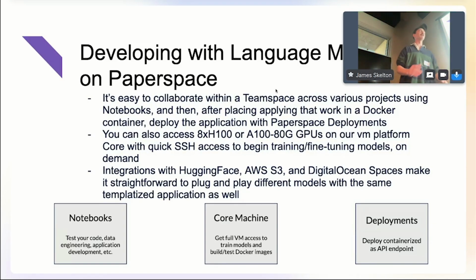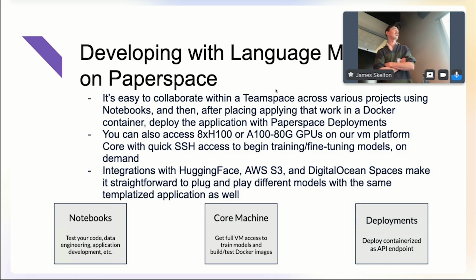All right, let's get a little more into some fun stuff. So, developing with language models on Paperspace. As I was talking about a minute ago, it's pretty easy to collaborate within a team space across various projects using notebooks. After that, you can then take that work, put it in a Docker container. I prefer to do that on Core, but you can do that wherever. And then deploy the application with Paperspace deployments.